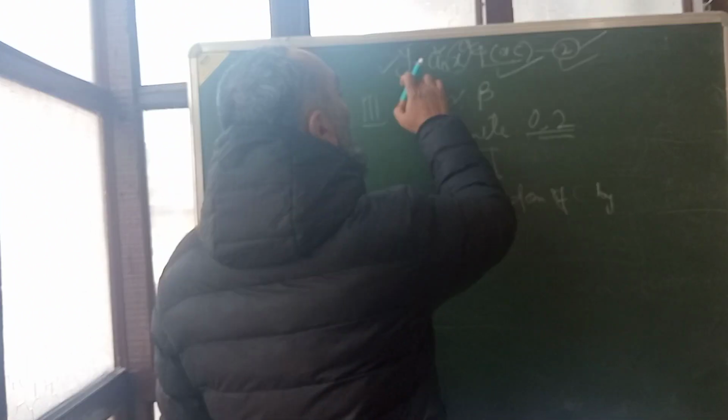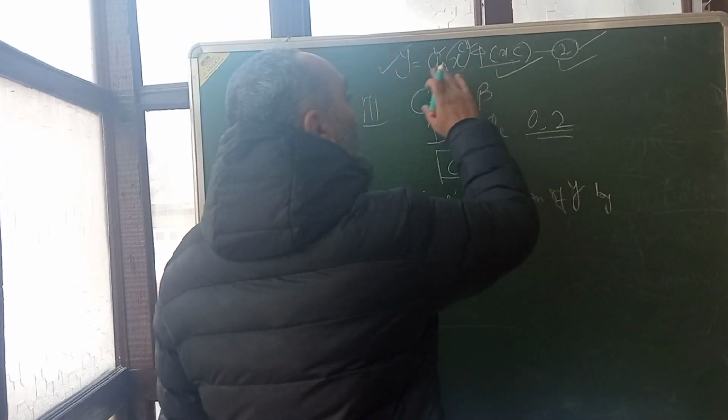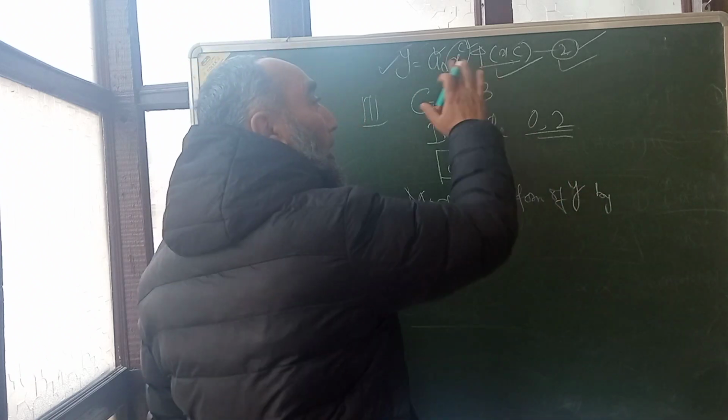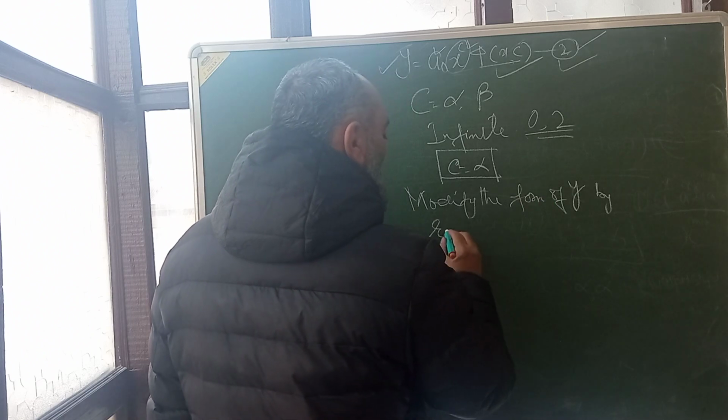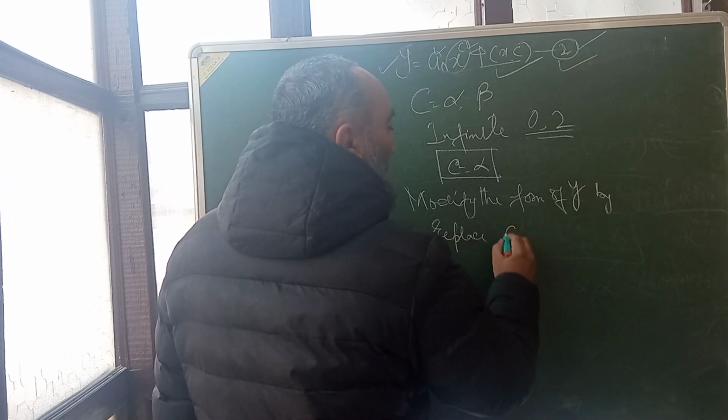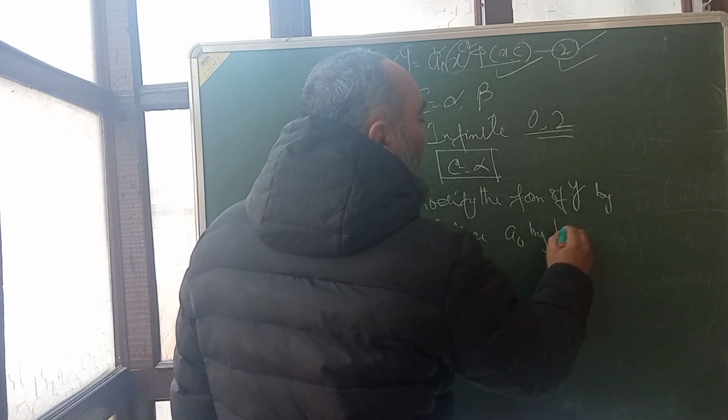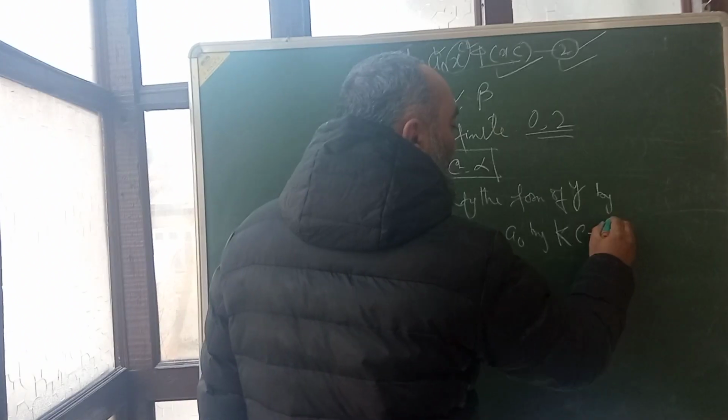Not c, this y, because in this all the coefficients are in y. We modify the form of y by replacing a0 by k times c minus alpha.